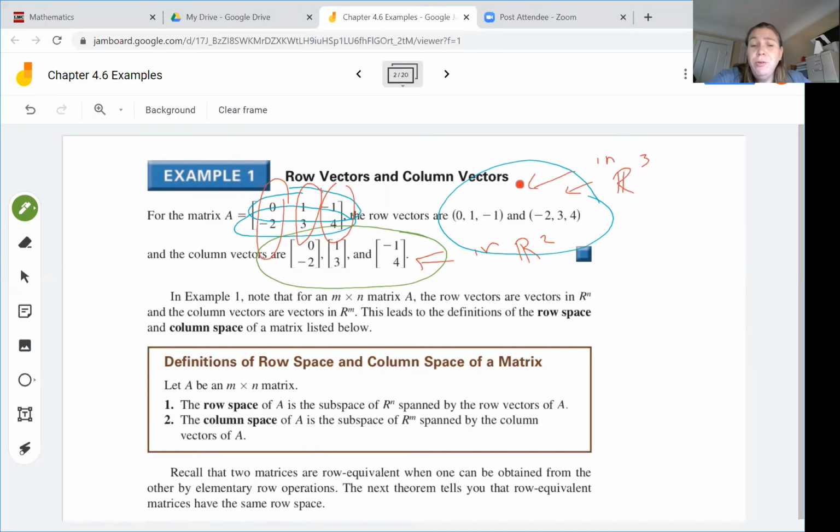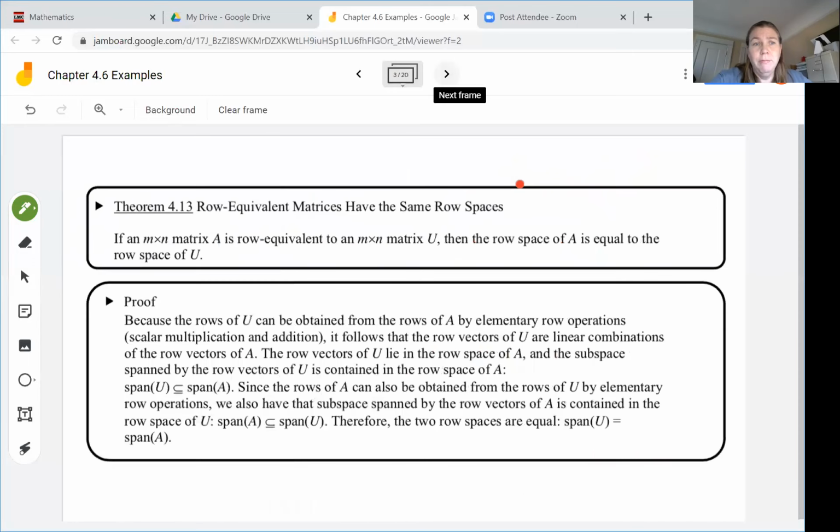Recall that 2 matrices are considered row equivalent when one can be obtained from the other by elementary row operations. So the next theorem is going to tell us that row equivalent matrices have the same row space. Theorem 4.13 tells us if an m by n matrix A is row equivalent to an m by n matrix U, then the row space of A is equal to the row space of U.